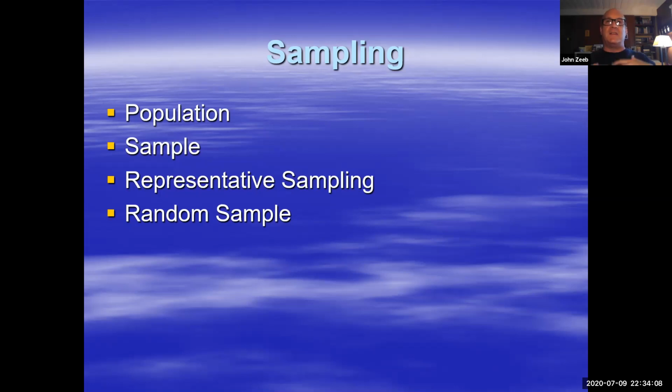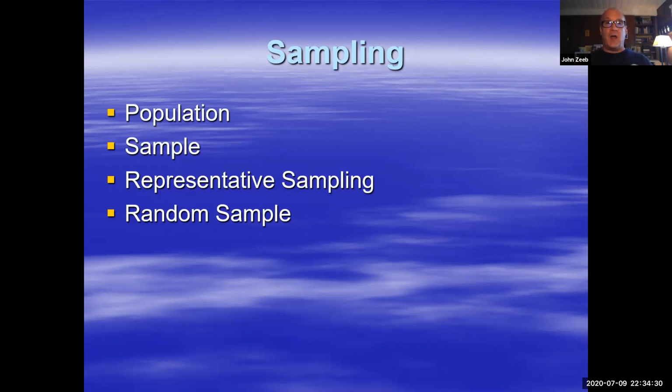In other words, it's determining who we are going to select to participate in the study from the population. So technically, a random sample means that every single person in the population has an equal chance of being selected for the study. So the odds are exactly the same from person to person, okay?